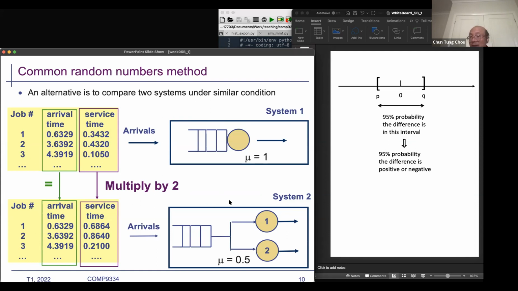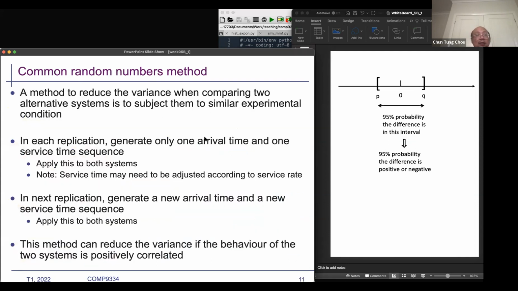Okay, now let's see what results we can get. So this common random numbers method, let me just make a few remarks. What I've just introduced to you is the common random numbers method, and the aim of the common random numbers method is to reduce the variance.